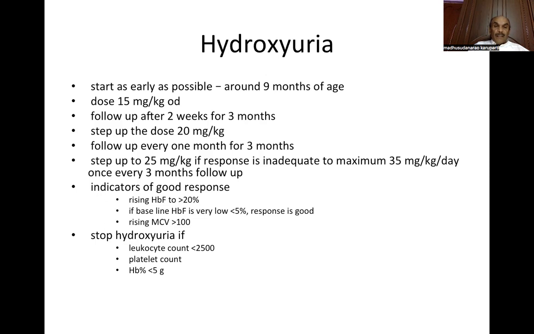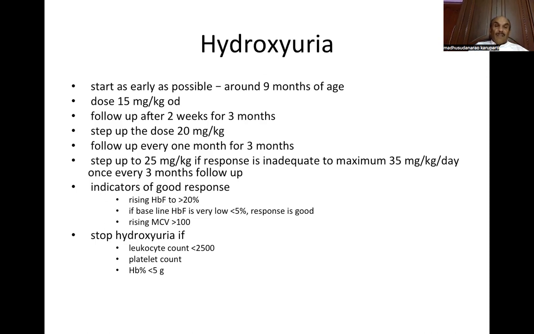So what are the indicators of good response? Rising HbF level more than 20%. Okay. If baseline HbF is very low, the response is good. Well, there should be rising MCV more than 100 with regard to the good response to hydroxyurea.